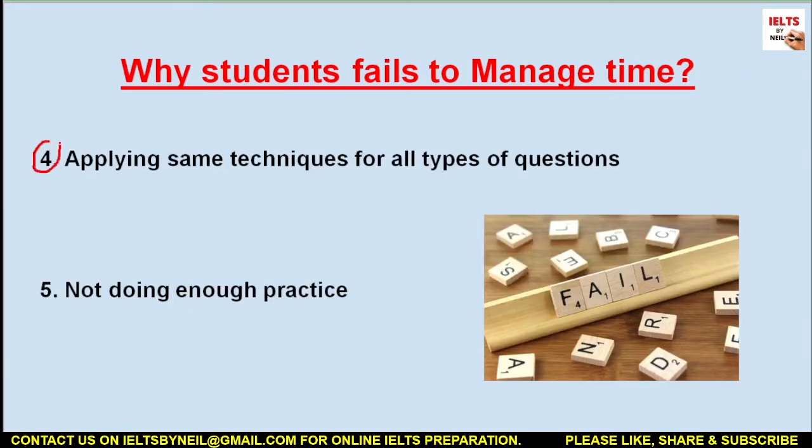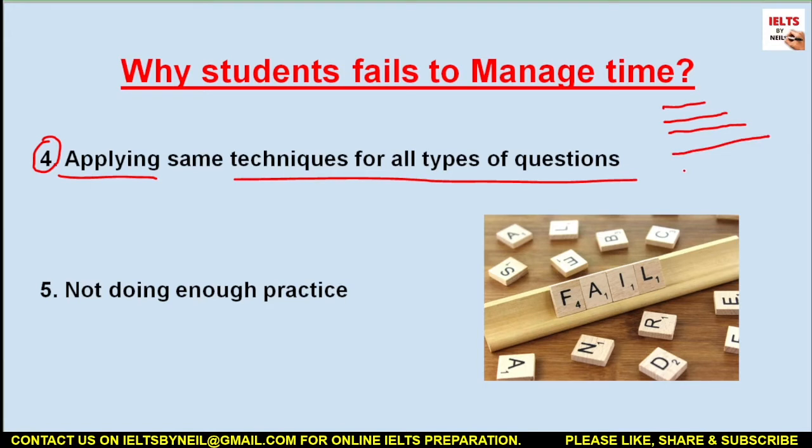The fourth point is applying the same technique for all types of questions. As you know, in the reading section there are many types of questions, for example sentence completion, multiple choice questions, true false not given, matching the headings, and which paragraph contains the information.